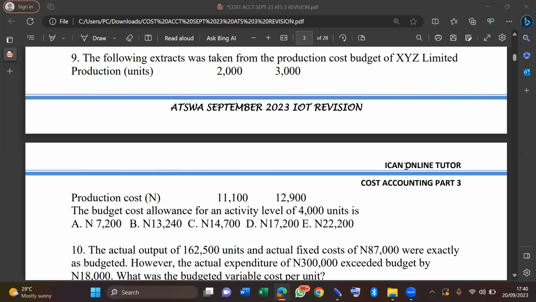The following extract was taken from the production cost budget of XYZ Limited. Production of 2,000 gave us 11,100. Production of 3,000 gave us 12,900.